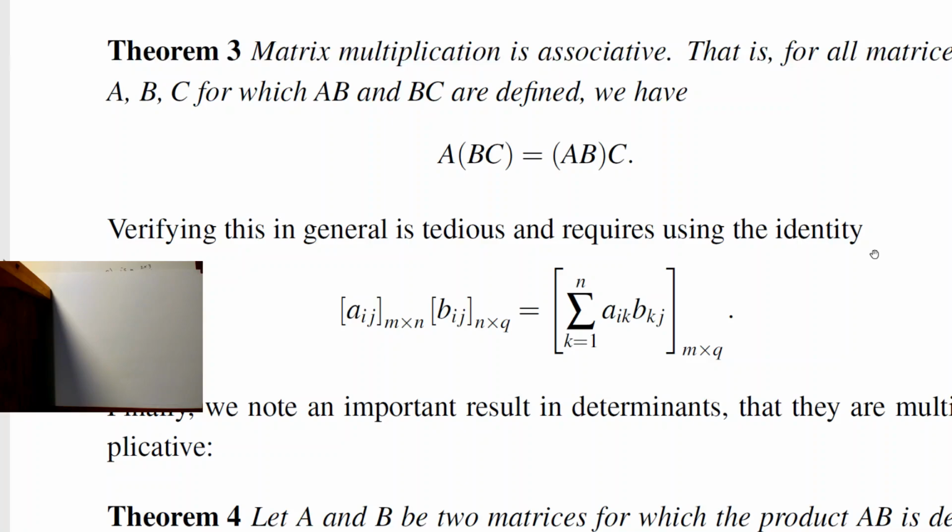Now that is incredibly tedious to verify using an arbitrary M by N and N by Q matrix, but this gives you a reason why to use that setting out that we had earlier with the summation notation, right? So if you had to verify that this is true, this is how you would go about it.